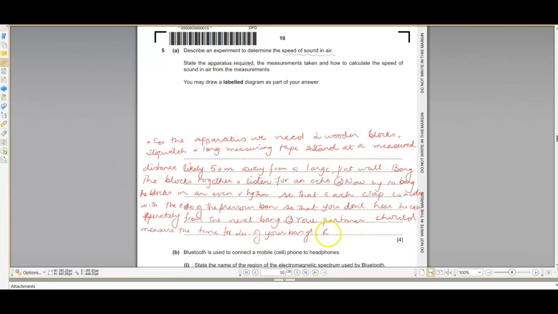Record the time taken for 20 bangs and the distance from the wall.